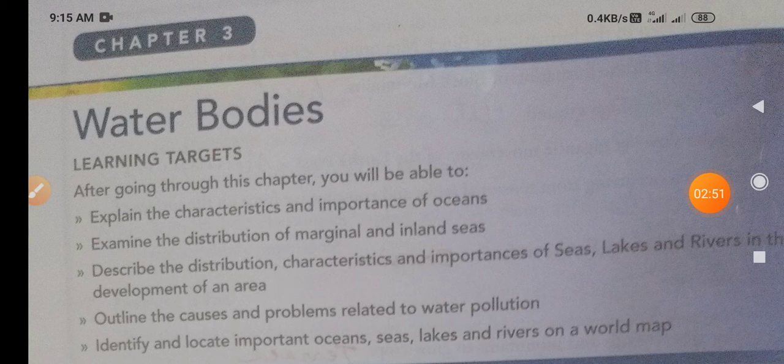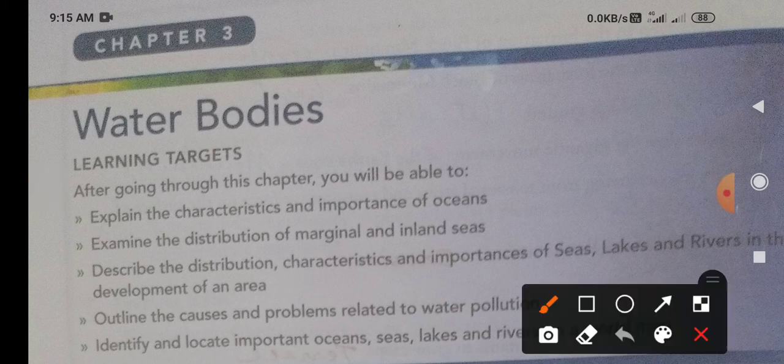So today we will discuss your chapter 3, lesson number 3. The topic is water bodies. Okay, water bodies. So what are the different water bodies found in the world, and how we can recognize them, all these things, and what different types of seas and oceans are found, all that we will try to discuss one after another.